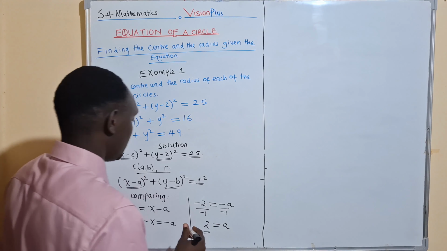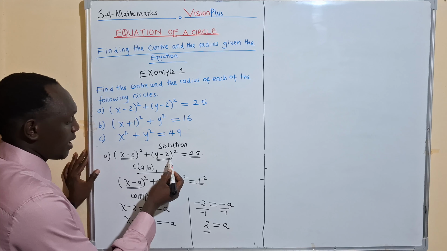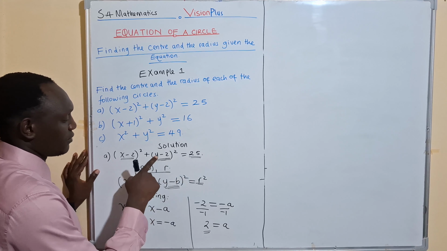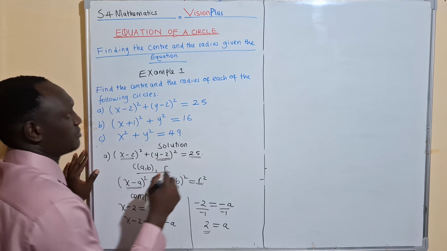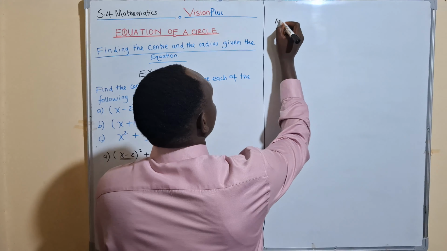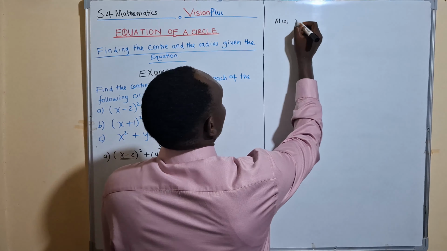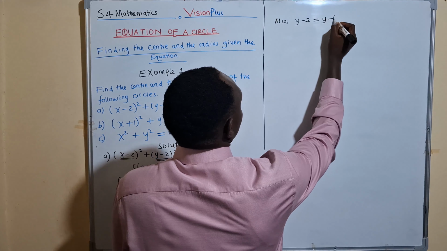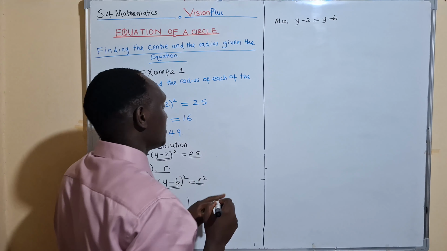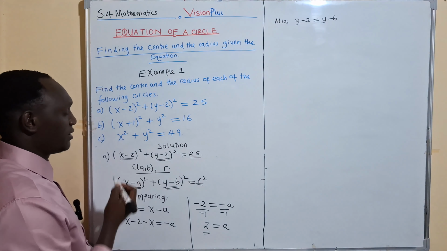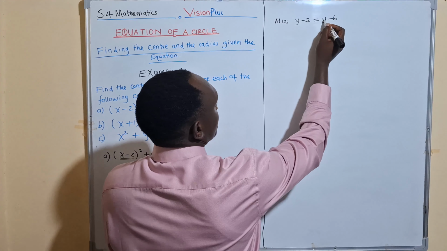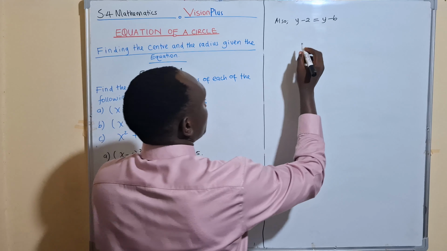And then again, on comparing, y minus 2 here corresponds to y minus B. Therefore, y minus 2 equals y minus B. From here, we make B the subject because we are looking for B. I'm going to carry y to that side; it is positive here, so after crossing the equal sign, it will be negative.